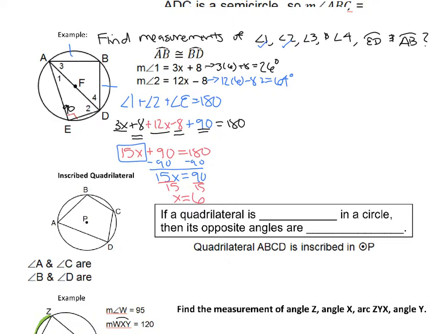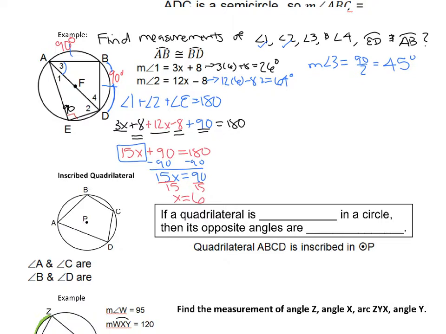So half of 180 would mean that these arcs are both 90 degrees. Okay. So now that we know that, let's deal with angle 3 first. Angle 3 is inscribed to arc BD, which means it's half of that arc. So the measurement of angle 3 would be half, or 90 divided by 2, which is 45 degrees.